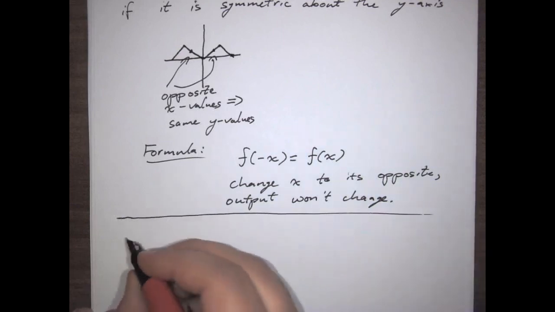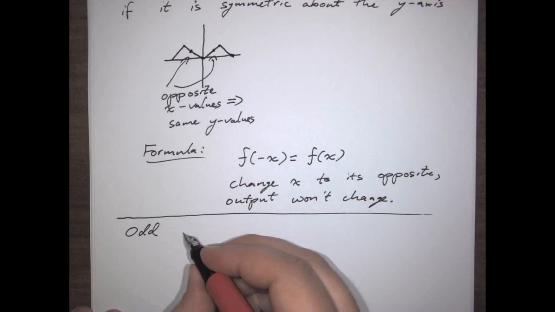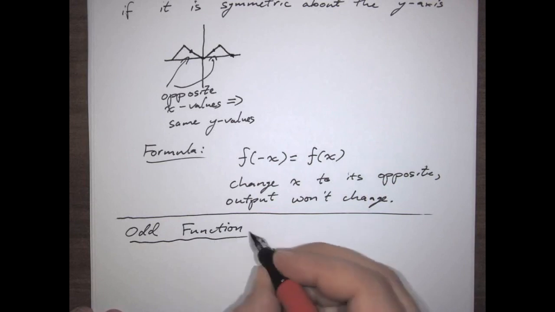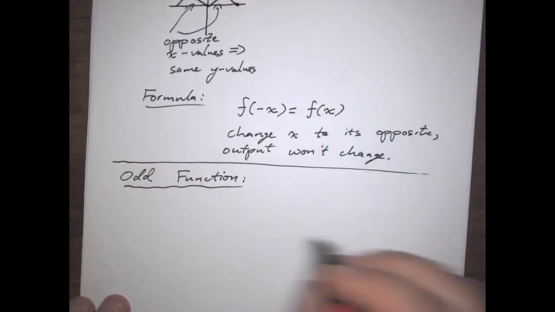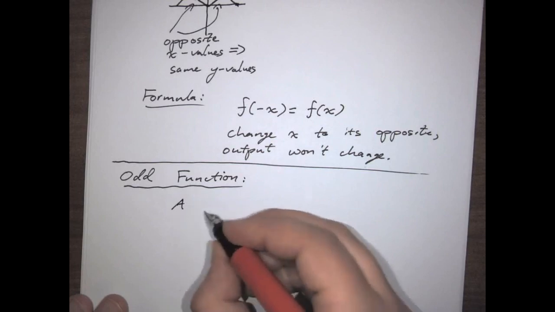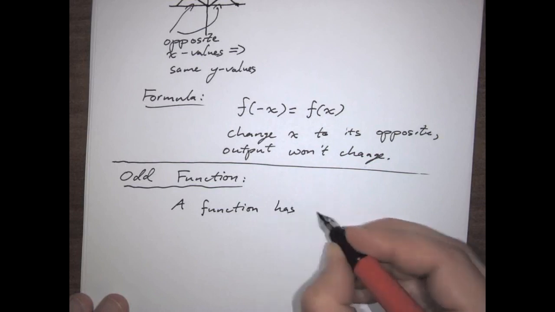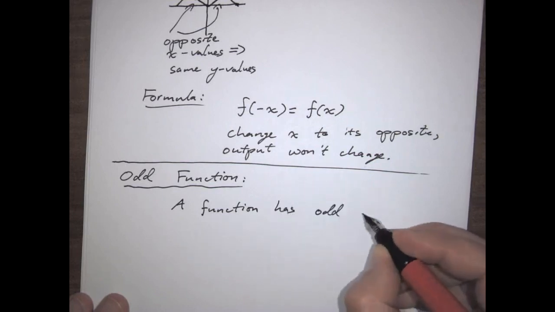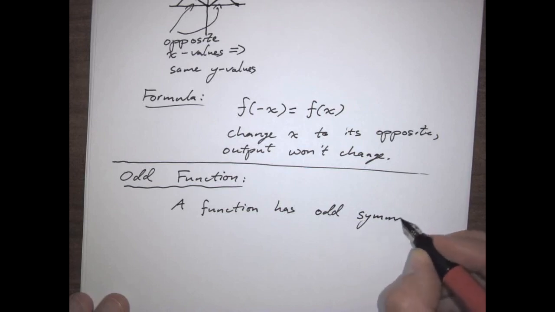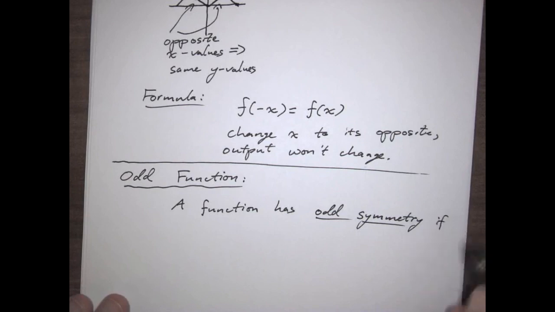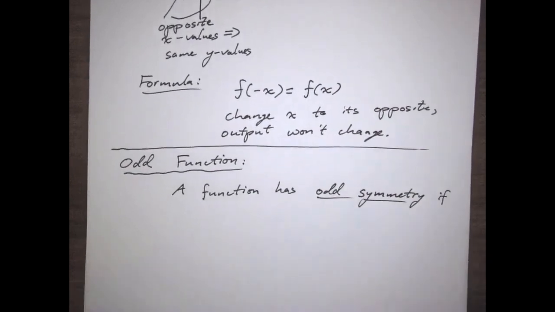Now to be an odd function, that means that you have odd symmetry. Now you might think if even was symmetric about the y-axis, maybe this will be symmetric about the x-axis, but it's not quite that.